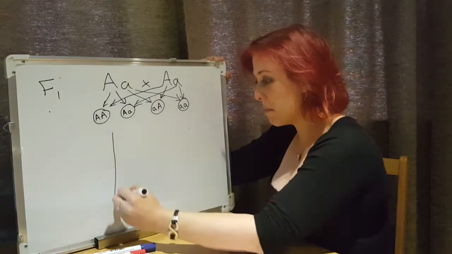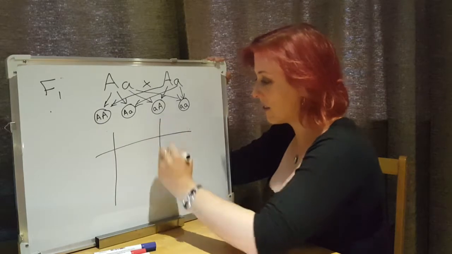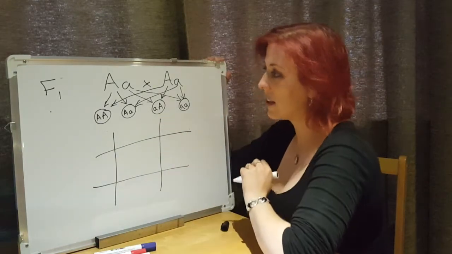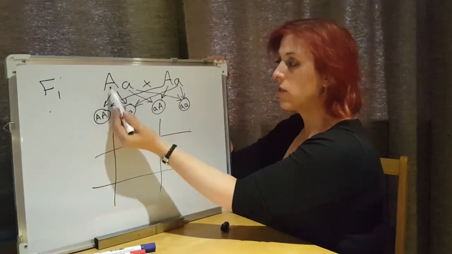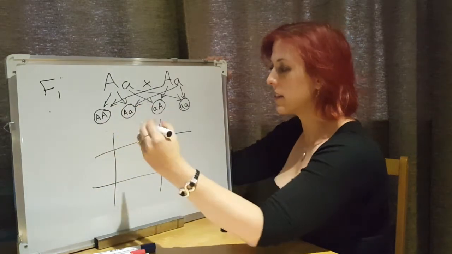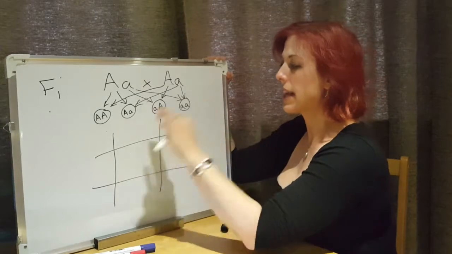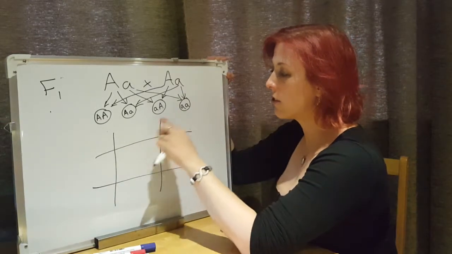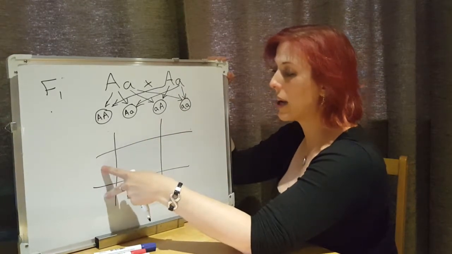This becomes really confusing, and by far the best way of showing these crosses is with the Punnett square. So rather than splitting them up like this and showing the gametes going into different zygotes, we separate out the gametes from each parent into the column headings or the row headings here.